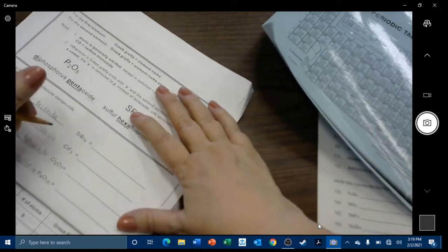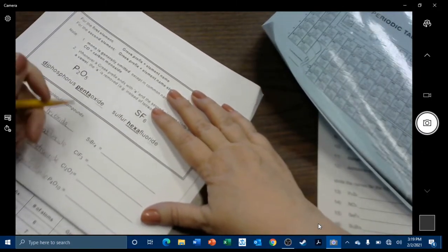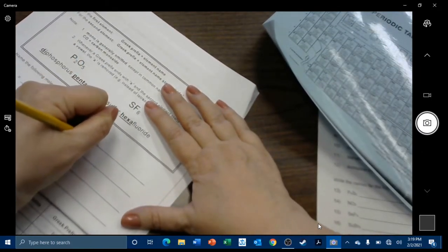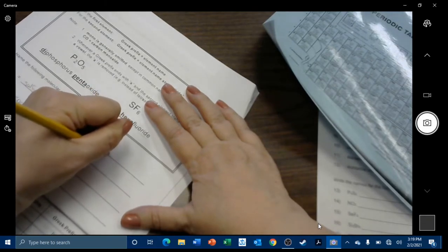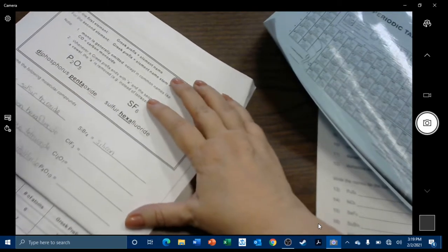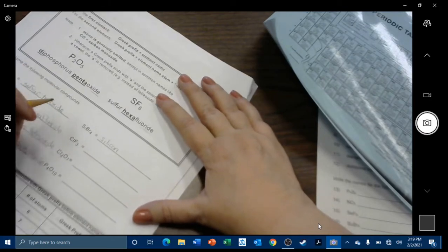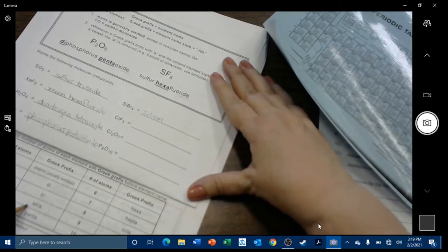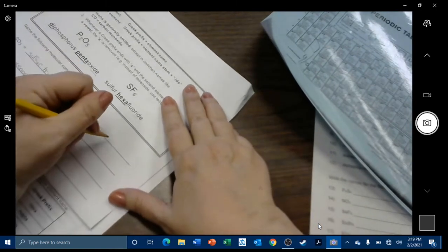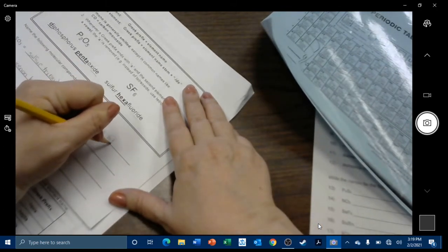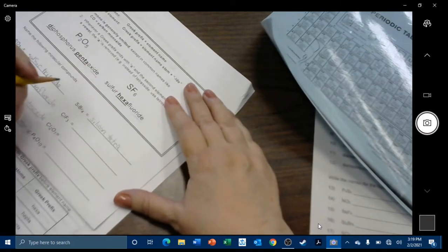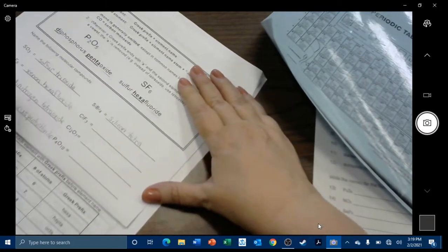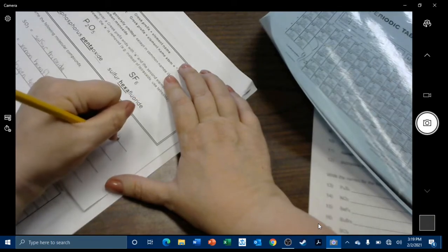All right, so there's only one, so we're not going to put any prefix. Okay, and then Br is bromine, and there's 4 of them. So we're going to look here, and it says tetra. So tetra, okay, and bromide.